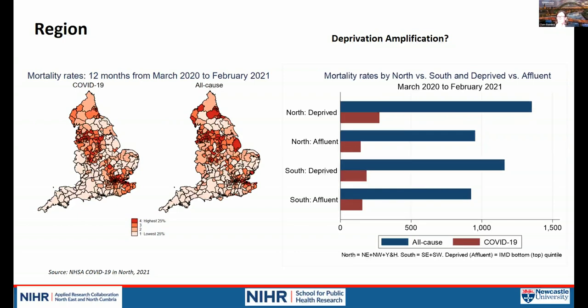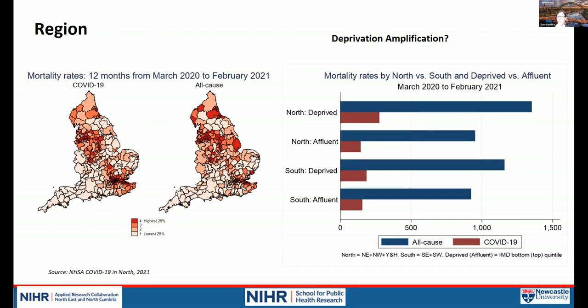And we did some work together with University of Manchester and other northern universities, looking at the interaction between local authority level deprivation and regional level deprivation in terms of what we find with these patterns for COVID-19.